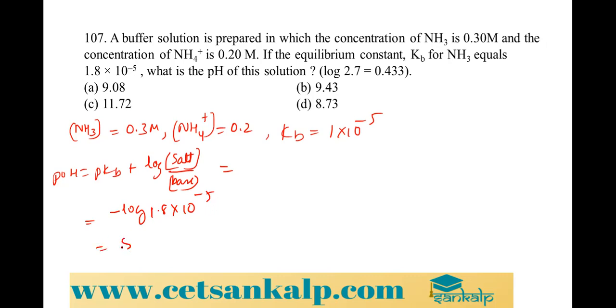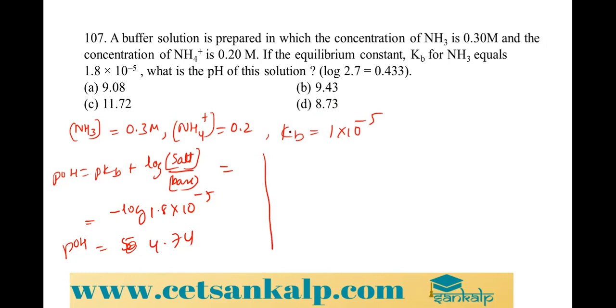So that is equal to 5 minus something, so it's going to be 4.74. pKb is equal to the negative logarithm of Kb. So pKb is equal to 4.74. Now let us put that in the same place.